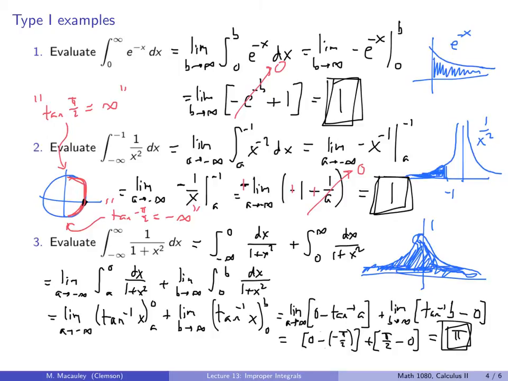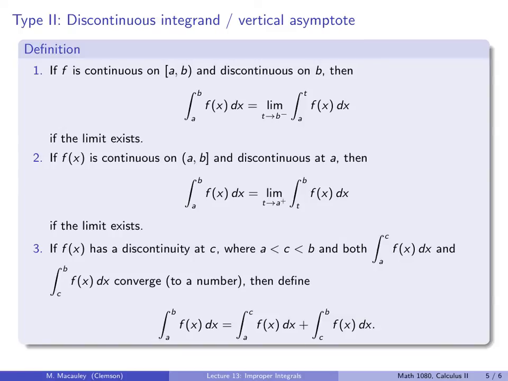Okay, so type 1, as we saw, is when we have a function that goes off to infinity, either on the left or the right, and so we have a horizontal asymptote. When we have a vertical asymptote, that's when we have a discontinuity in the function. I know this looks like an intimidating slide, but let's go through it step by step. It's not that bad.